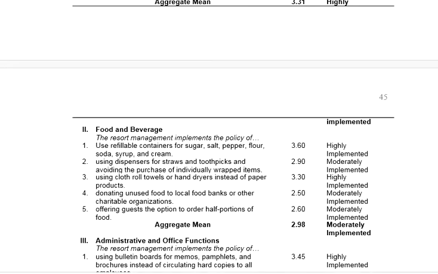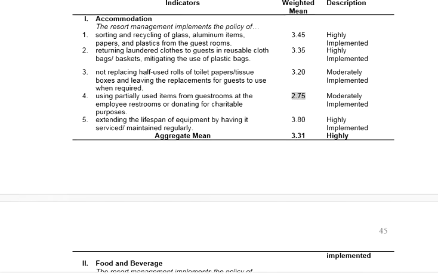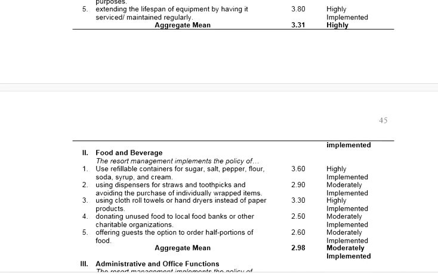Instead of starting with the highest mean here and then the lowest, which is called inductive, for the presentation of the weighted mean, we will use deductive reasoning or discussion.